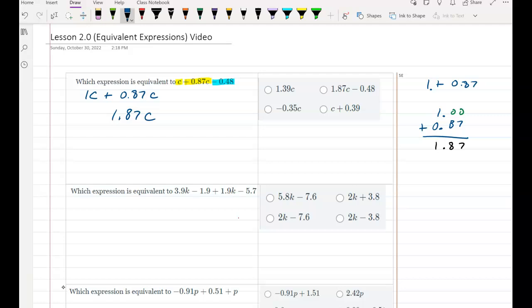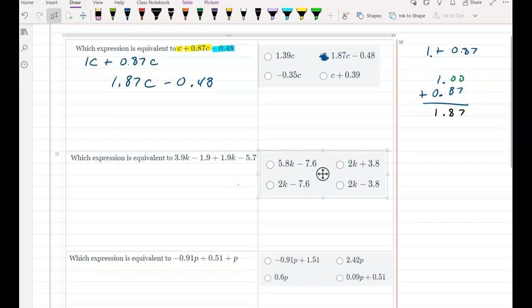And then we only have this other term all by itself, so we'll just bring it down, minus 0.48. And what does that match up with? Oh, we can see it matches up with that one right there, because we can't combine 1.87c with 0.48 since they are not like terms.